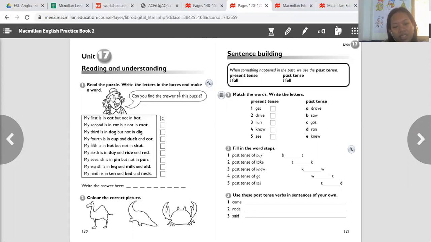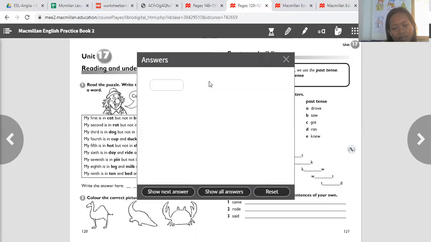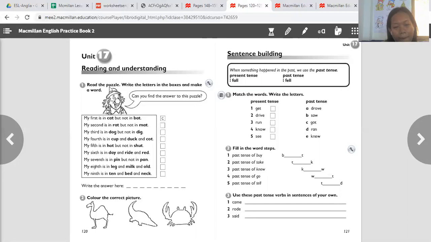What do you think? Write the answer here. So what's the answer for the word? It's the answer column. So if you got the word crocodile, you see what it looks like. Okay, try your best.